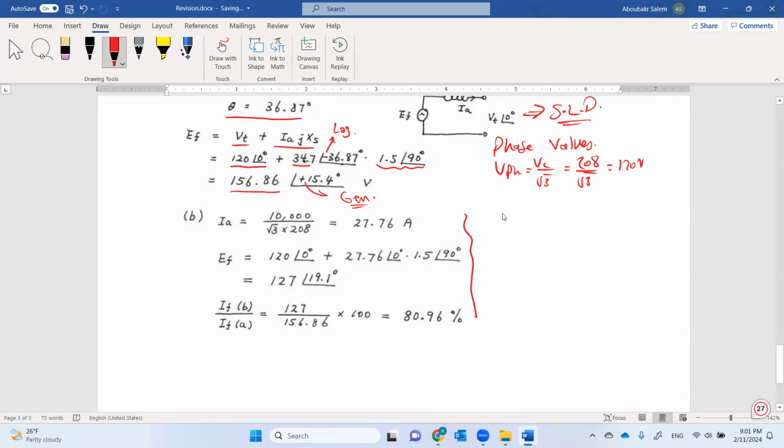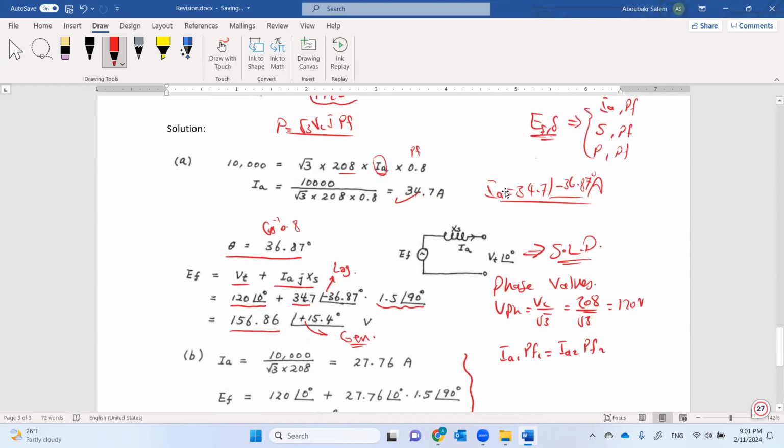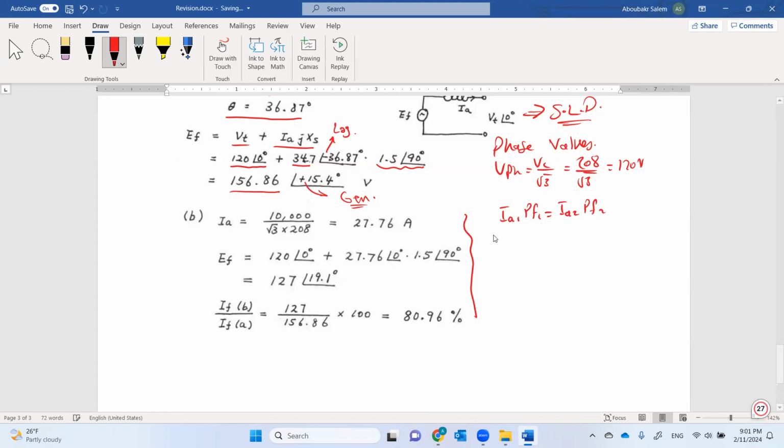We said that IA1 power factor 1 equals IA2 power factor 2. So we have IA1, which was calculated as 34.7. So we have 34.7 times power factor 1, which is 0.8, equals IA2 times power factor 2, which is unity. So from here, we can get IA2.